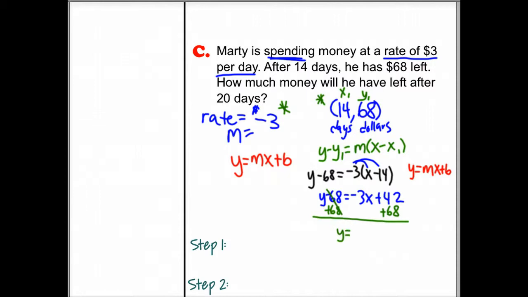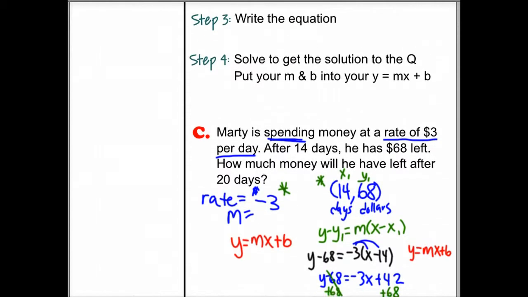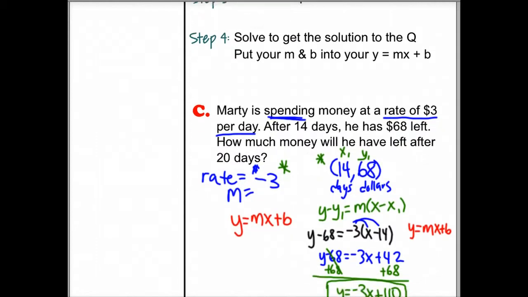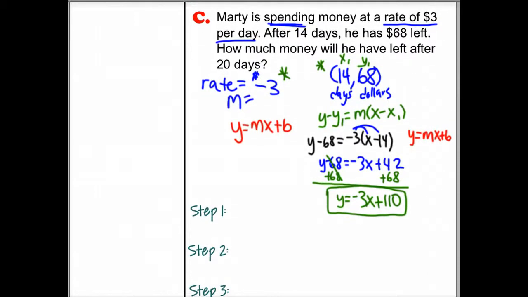y equals negative 3x plus 110. So we wrote our equation as y equals mx plus b, and we want to solve to get to the solution. So we want to know how much money will he have after 20 days. So we know that our x value are days, so what we do is we plug in 20 into the equation.